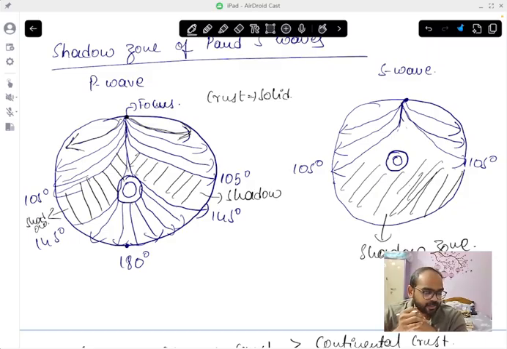Crust is solid, but for oceanic crust and continental crust the density varies, and scientists have discovered that P and S waves travel faster in oceanic crust, which indicates that oceanic crust is denser than the continental crust.